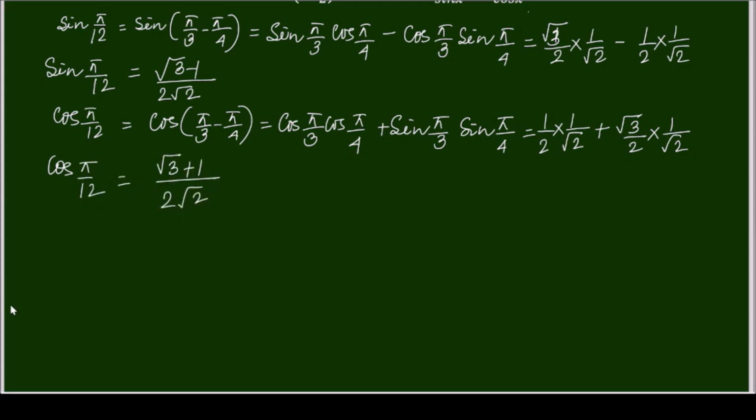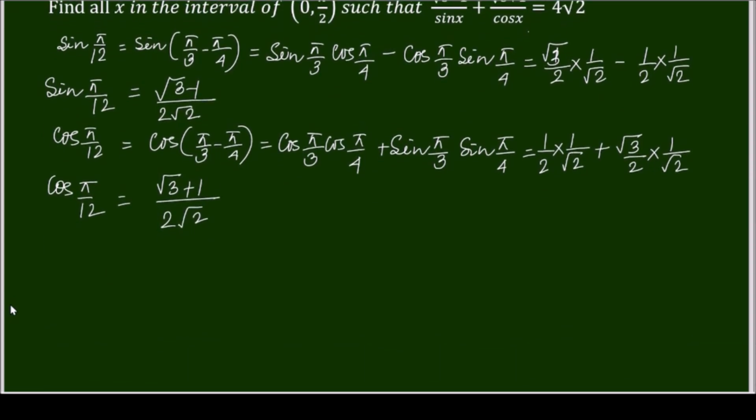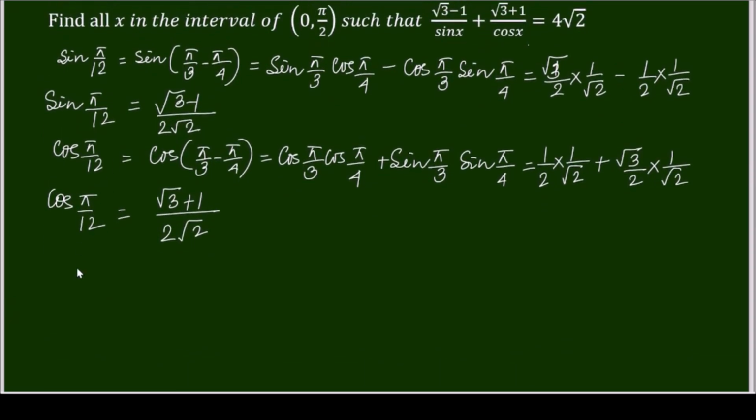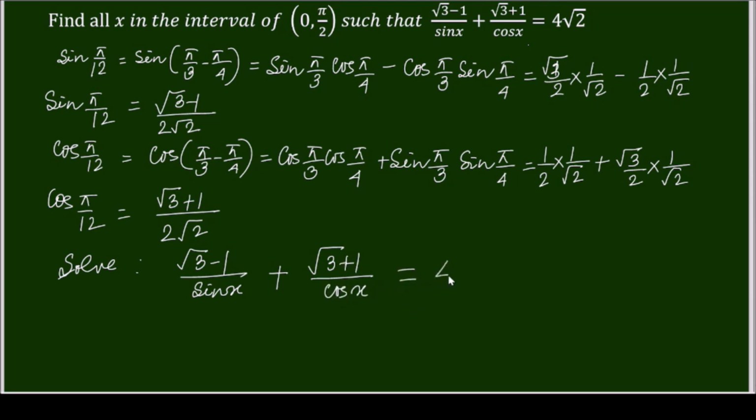Now coming to the question. The question is: solve (square root 3 minus 1) over sin x plus (root 3 plus 1) over cos x equals 4 root 2.